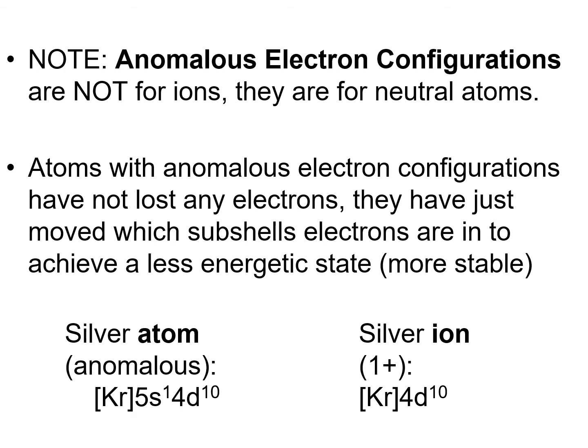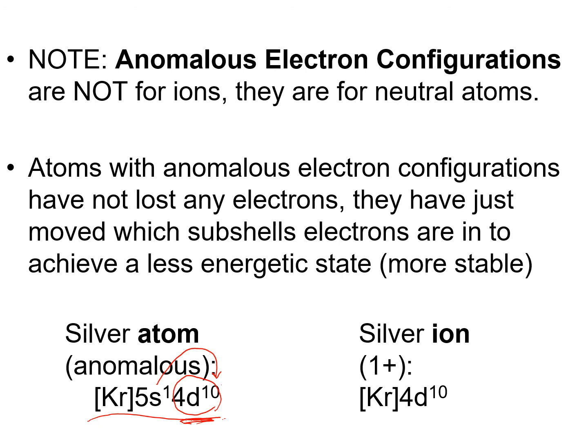Silver is another one. If you were to look up silver's shorthand electron configuration, you'd see that it's taken one of the electrons from the 5s and used it to fill out the 4d, because most silver atoms, anyways, find having a full d subshell more stable than having two in the 5s. So it borrows that one from the 5s and puts it into the 4d so they can have a full 4d.